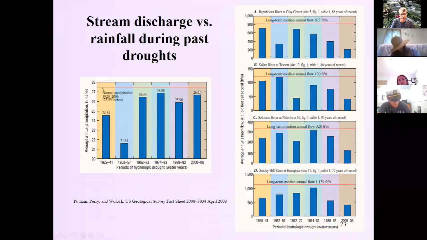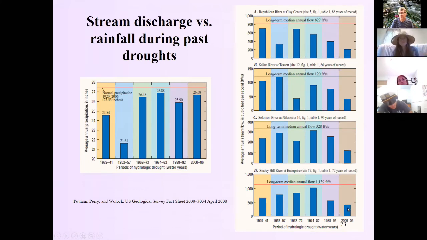And maybe precipitation now from 2000 to 2006 is slightly lower than normal. But the drought in the 50s was really low, right? And then the years in between are pretty much the same as they have been from the 60s to 2006. And then there's examples of different rivers for those different chunks of time period on the right, where the y-axis is the discharge and the x-axis is each of these sections of years.